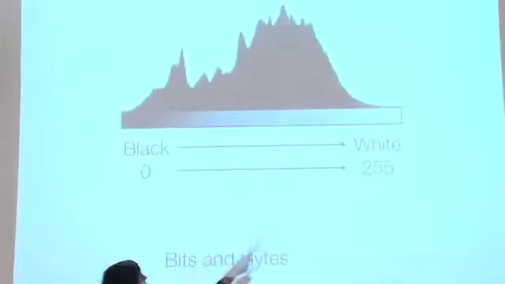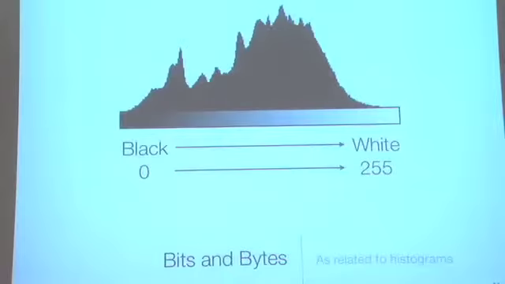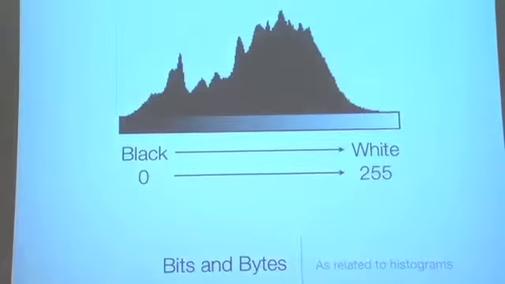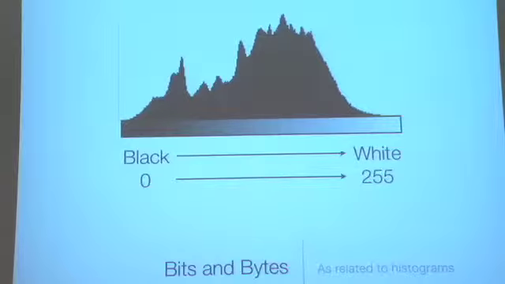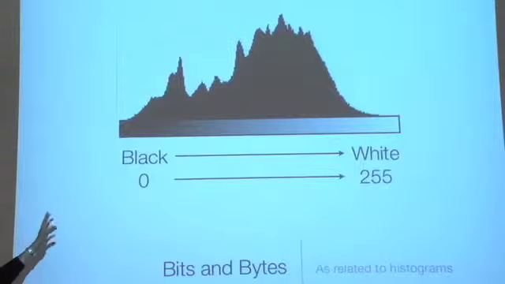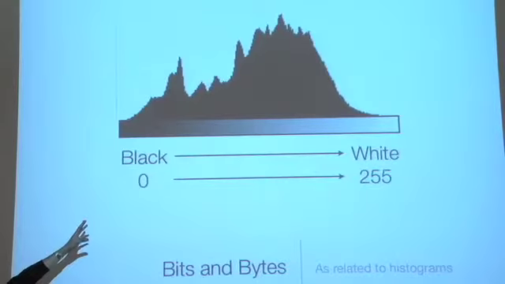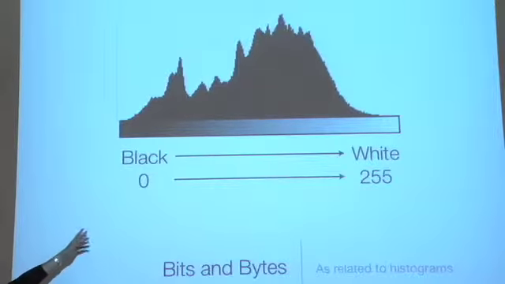Now, the same sort of thing happens with histograms. The histograms are computed based on a level of black to white, where black represents the value 0, and white represents the value 1. What's important to realize is that these histograms that we've been looking at don't talk about color. It's just talking about black and white.